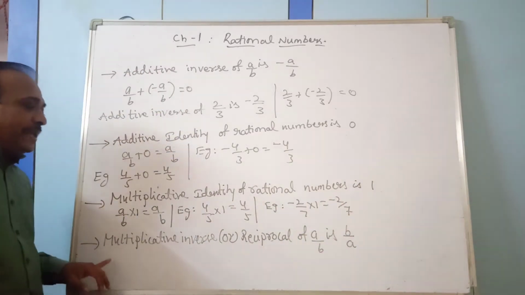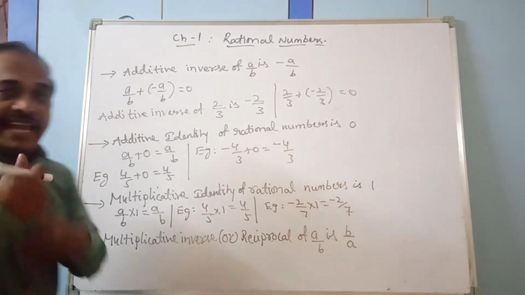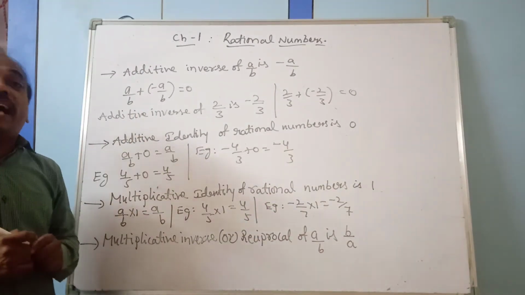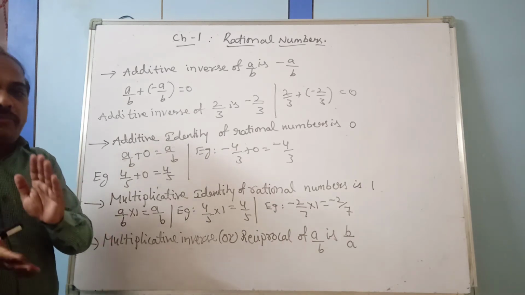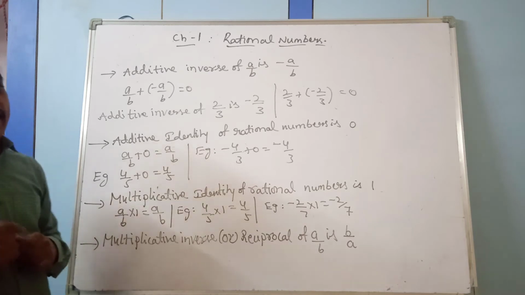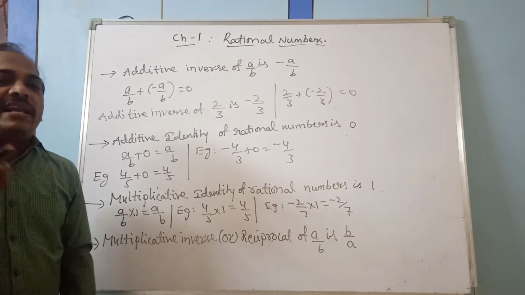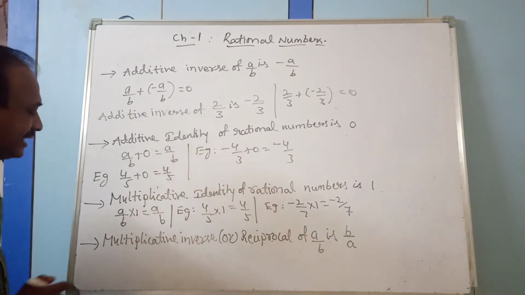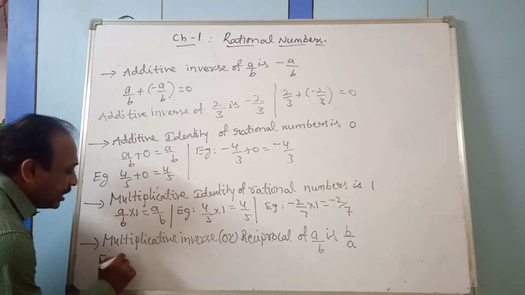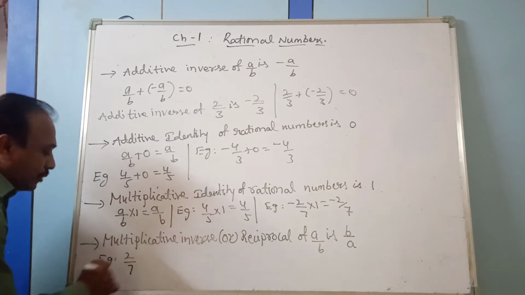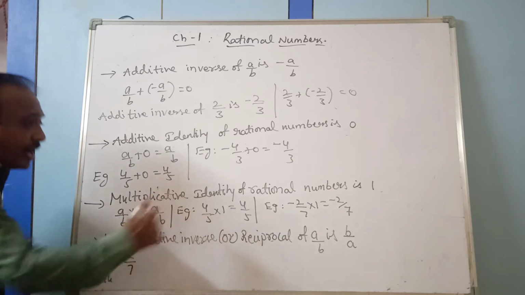Next, the multiplicative inverse, or the reciprocal, of a by b is b by a. We are just interchanging the numerator and the denominator. That is called the multiplicative inverse, which is nothing but the reciprocal.